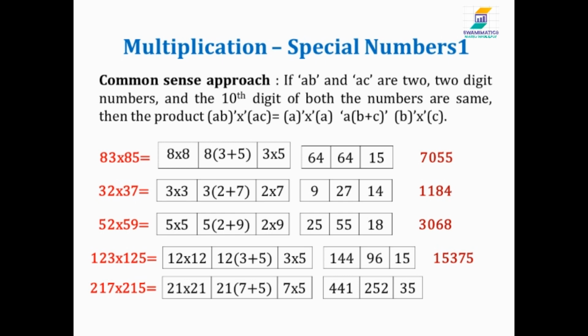This one can do by memory, or if you are not remembering it, this is very easy to do by looking at the base method in your mind. Right? The answer is 46655. Right? So if you remember all these methods, it is easier to do multiplication in this way. Thank you.